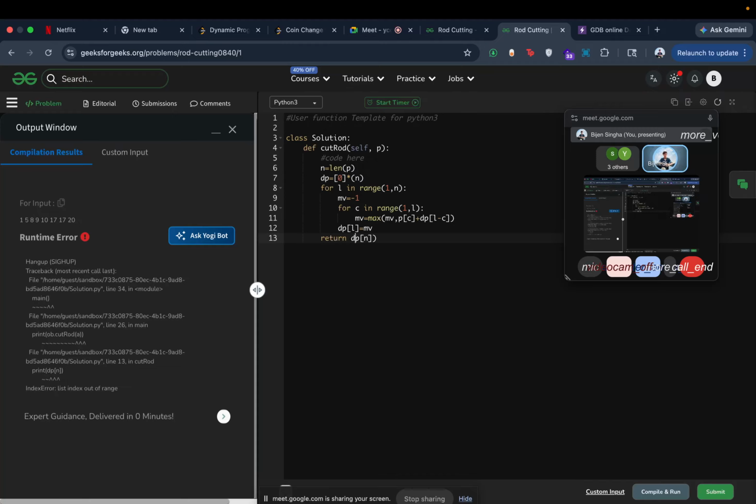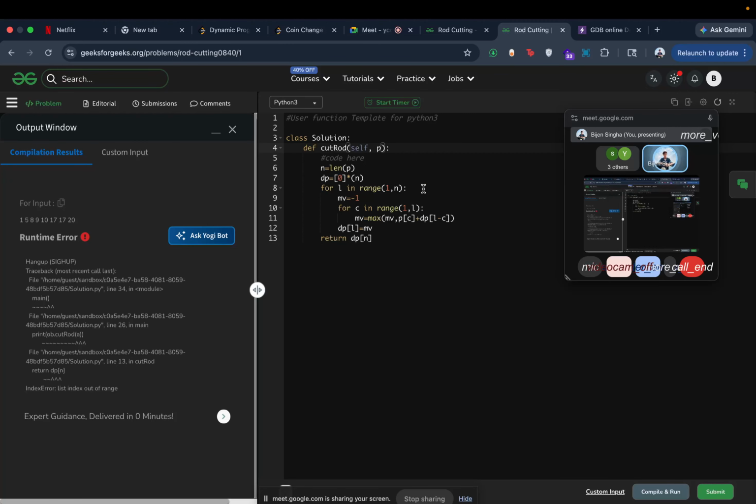They're expecting a return, I'm not sure. Geeks for Geeks, list index out of range. Okay, so let's change it to prices. Yes, they have given prices, right? I think we can change it.